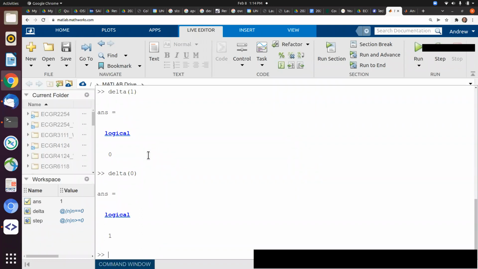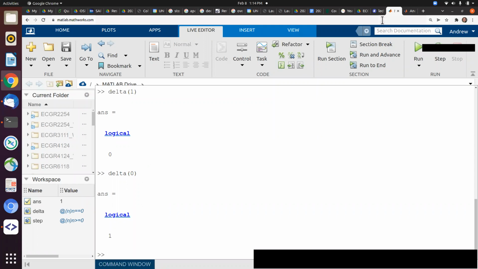You can build up these elementary functions with these tricky little anonymous functions as one-liners. Then you just call them and they work the way they should, instead of the built-in MATLAB functions, which are technically accurate, but you often get into trouble if you don't use them.